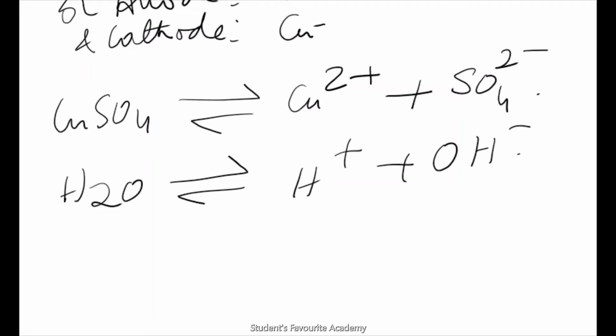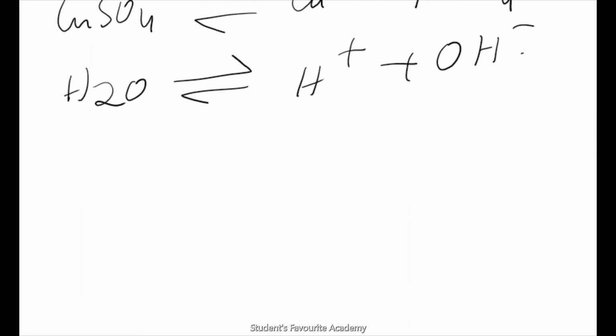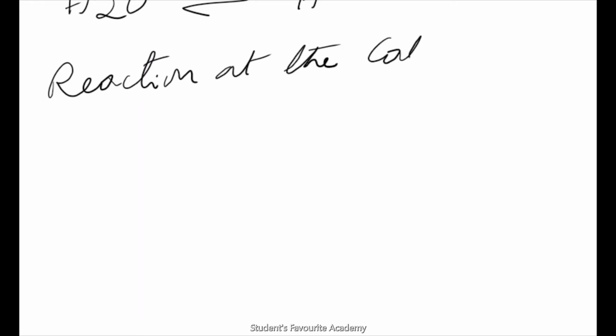Now the reaction at the cathode: the copper ions are below hydrogen ions in the activity series. So copper ions discharge in preference to hydrogen ions and therefore neutral copper atoms are formed.